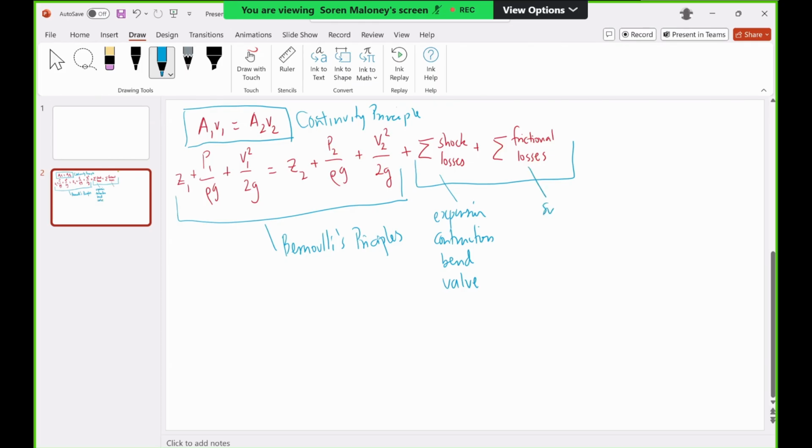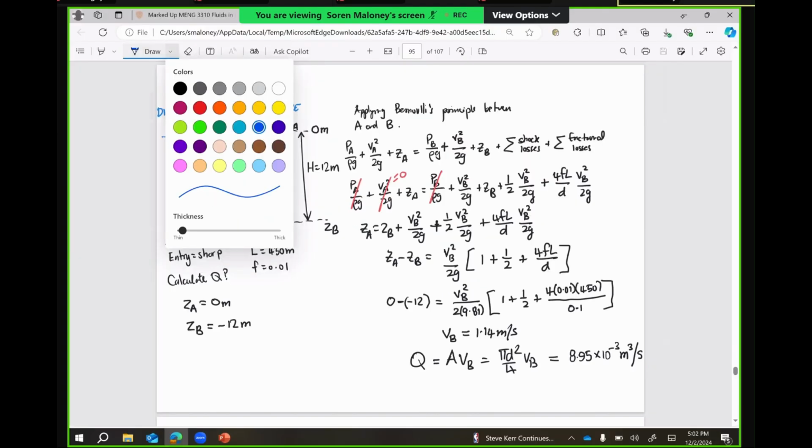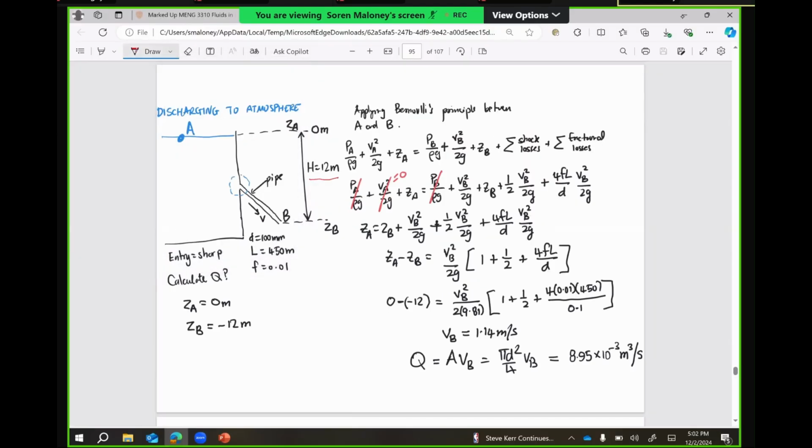Then our frictional loss comes in this problem, this H value. And remember, when we're applying Bernoulli's principle, it's a point function. So when we're applying the principle of conservation of energy to any problem, you can apply it between any 2 points in the system.